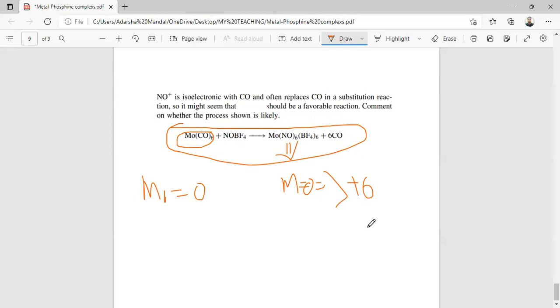Normally a change in oxidation state of plus or minus 2 will be favorable. So this reaction is not favorable due to the higher change in the oxidation state of the molybdenum.